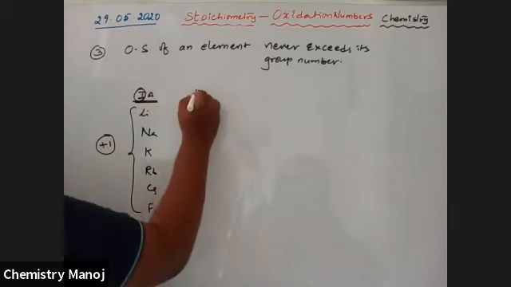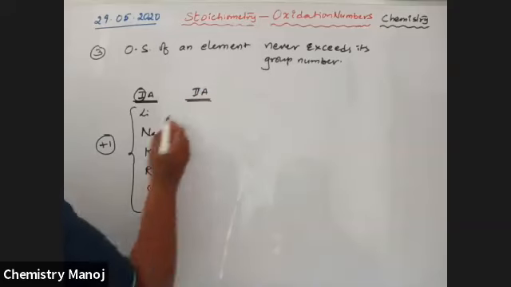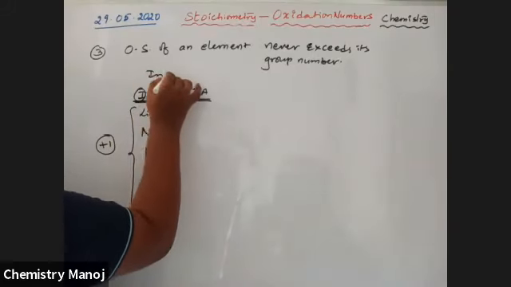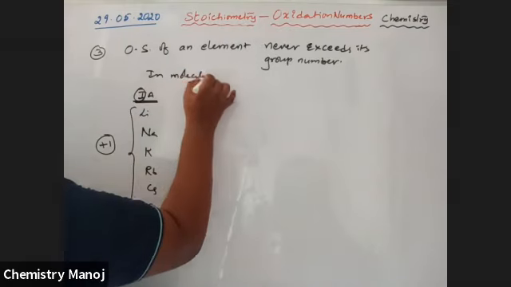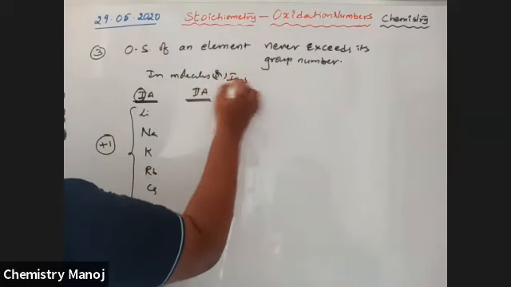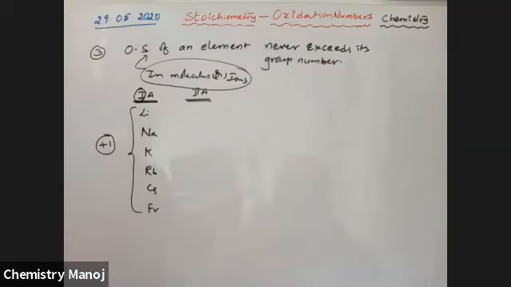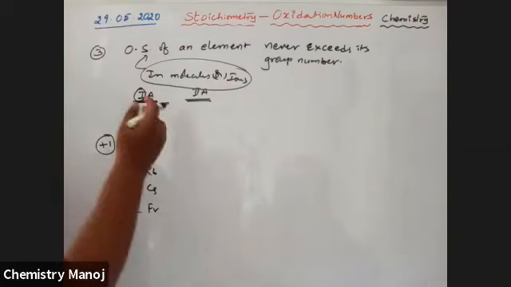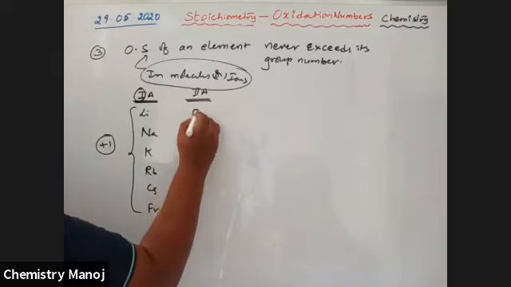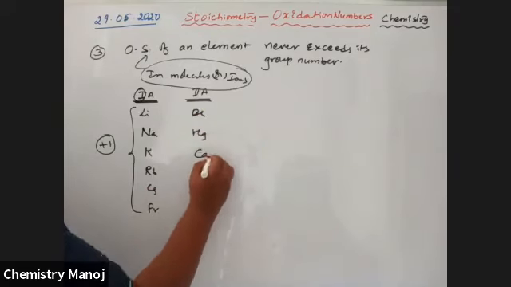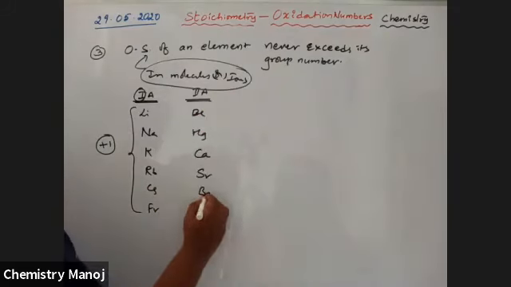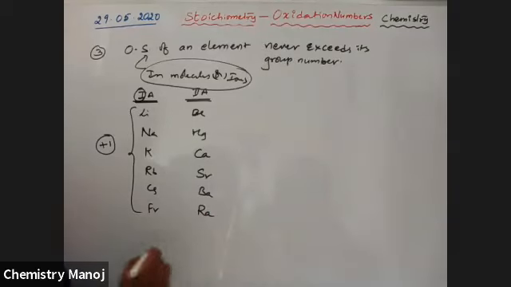For 2A group elements, my dear boys, in molecules or ions, oxidation state of an element never exceeds its group number. In 2A group elements, that is beryllium, magnesium, calcium, strontium, barium, radium, this is the second group element.